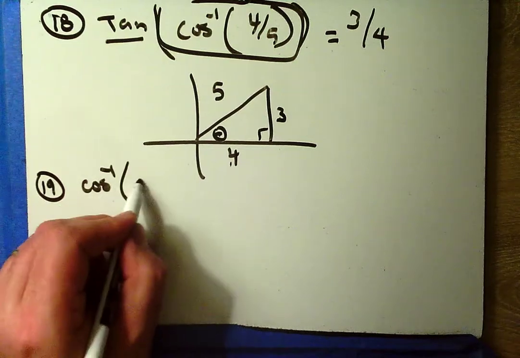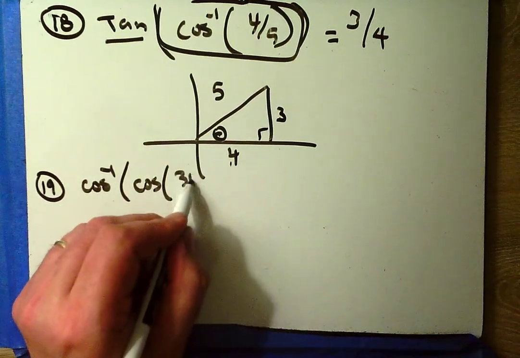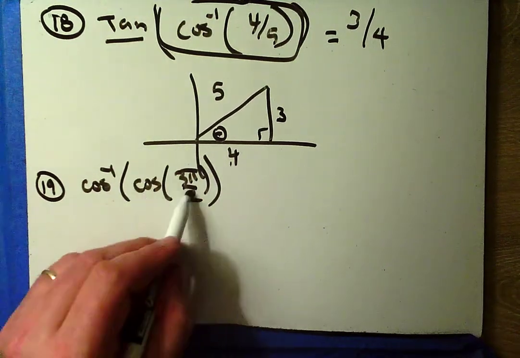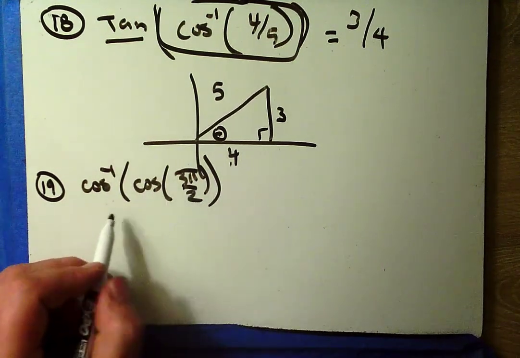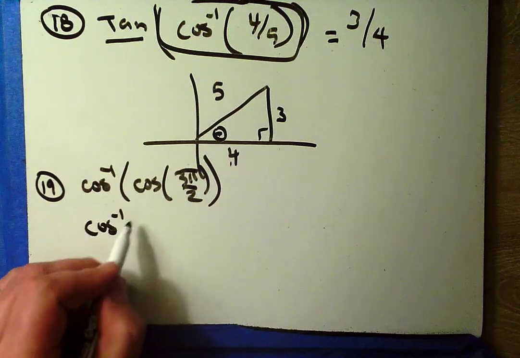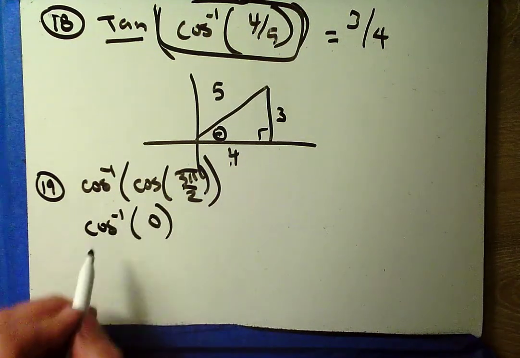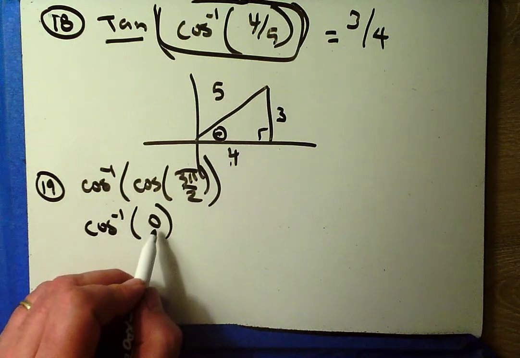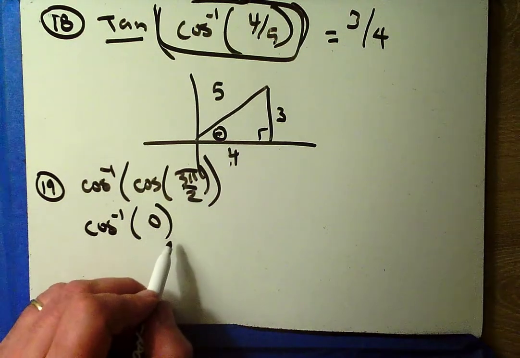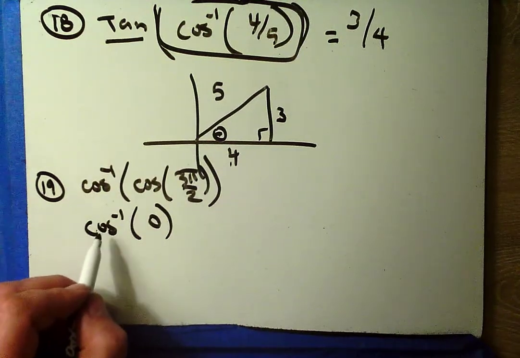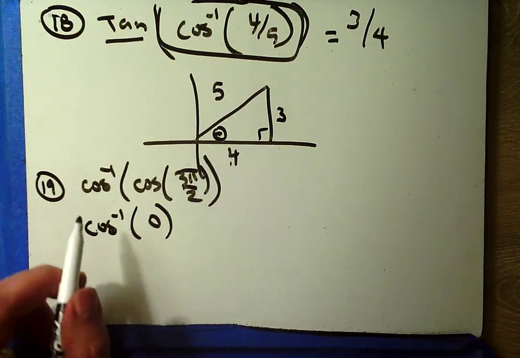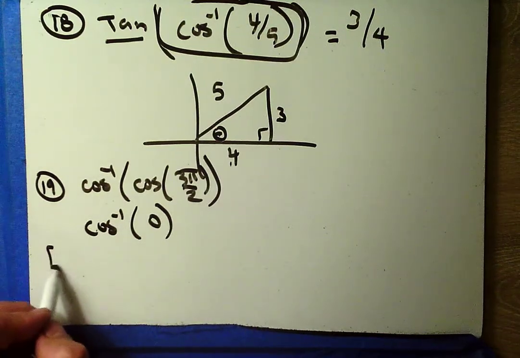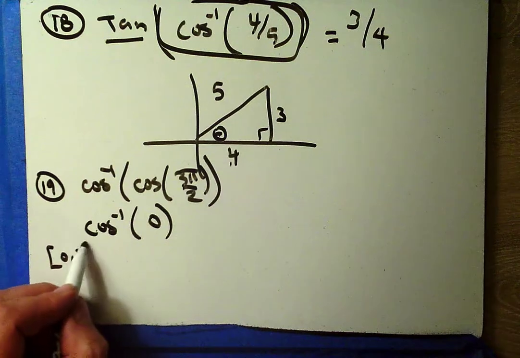Okay, 19. Cosine inverse of cosine of 3 pi over 2. Okay, so cosine of 3 pi over 2 is 0. What angle within the restriction of cosine has an overness of 0? Well, what is the restriction for inverse cosine? It's not the same as inverse sine, negative pi over 2 to pi over 2. For inverse cosine, we go from 0 to pi.